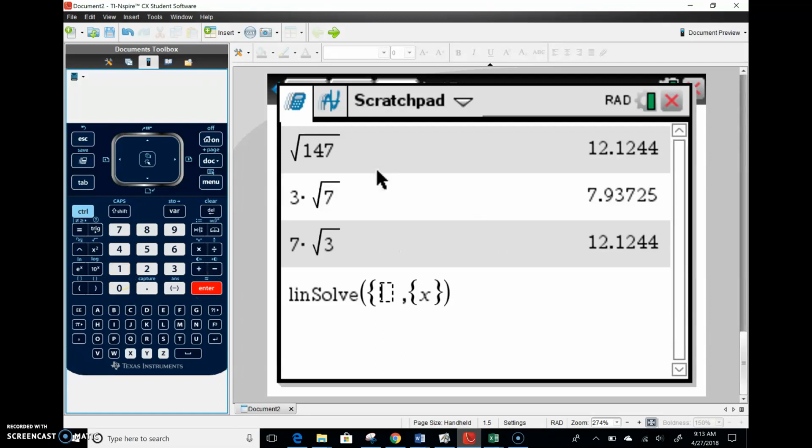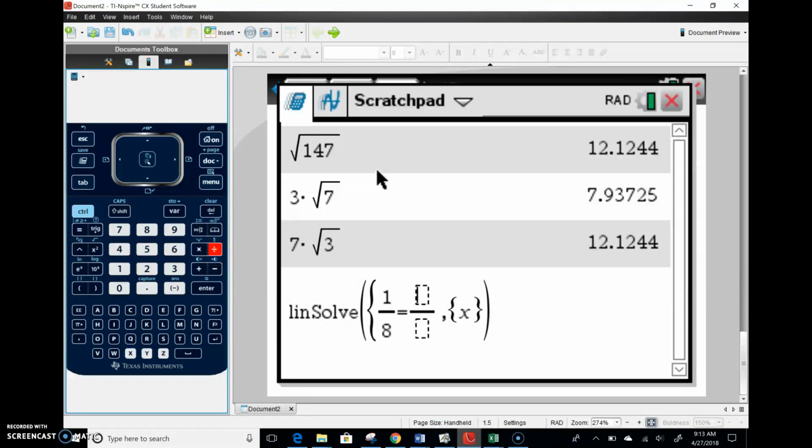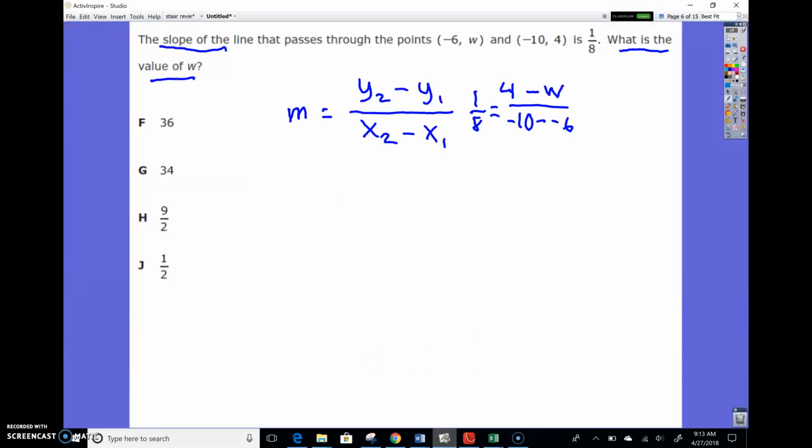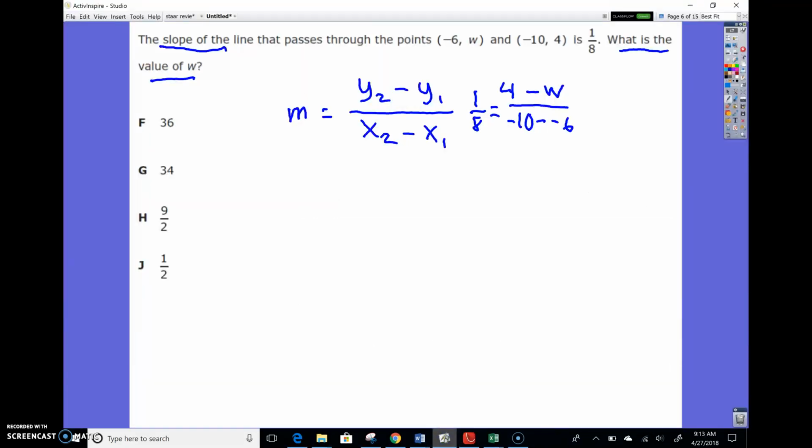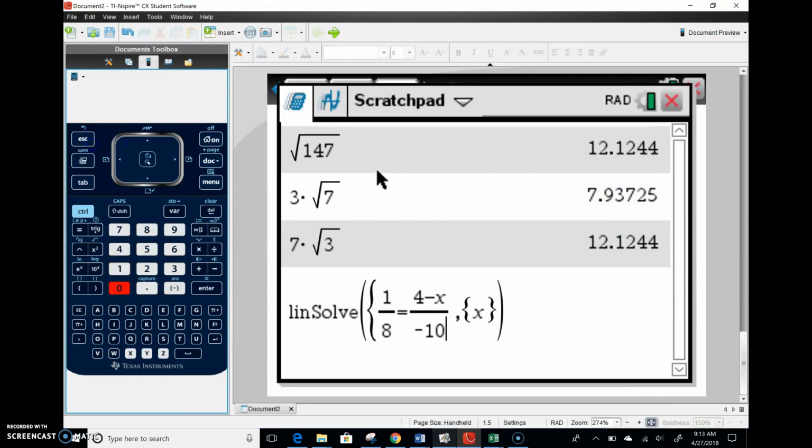So I'm going to put control divide, 1/8 equals control divide, 4 minus w, but instead of using w, I'm going to use x, over negative 10 minus negative 6.